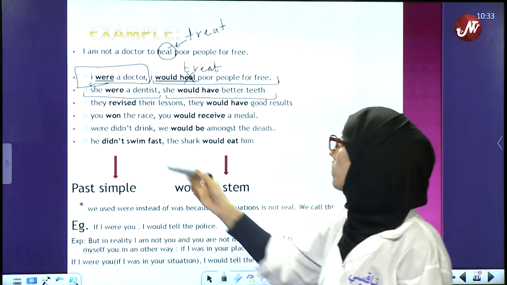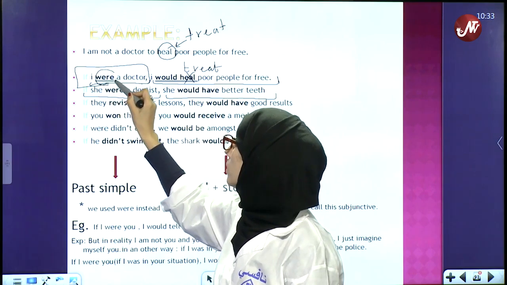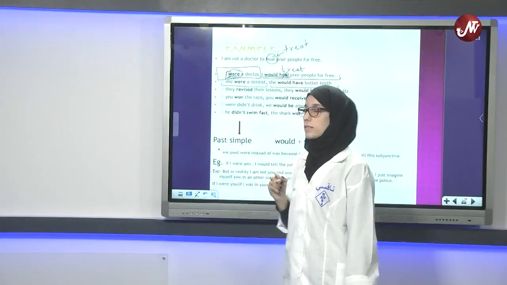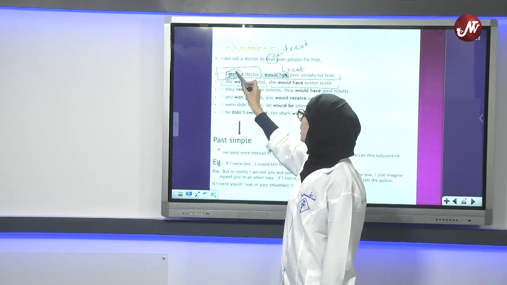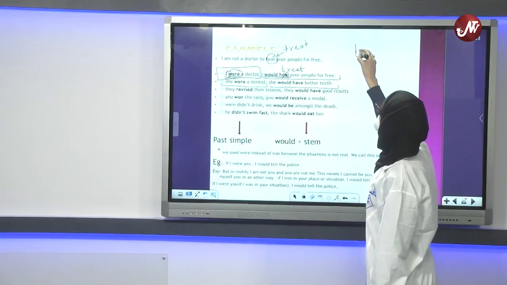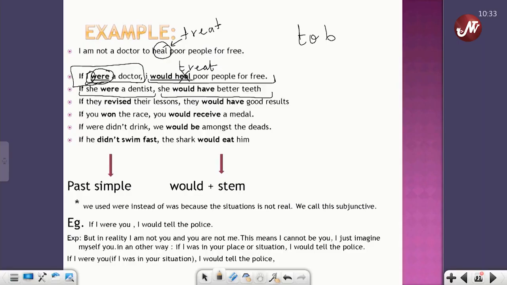Here, can you remark anything about this? Exactly, that's it. We don't use was here. So this is the verb to be in the past, what do we say? She was. But here we have seen she were.